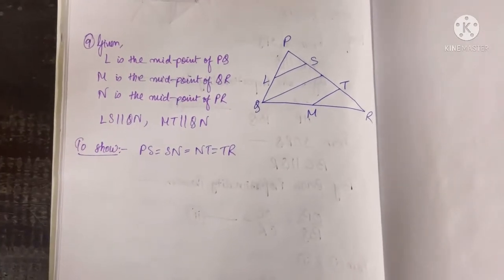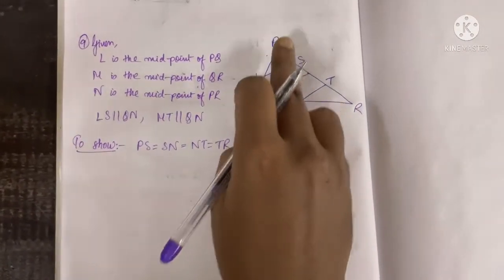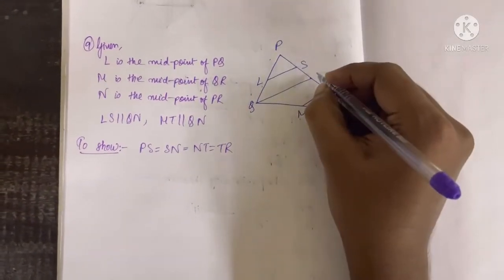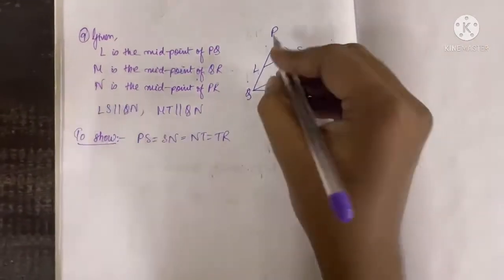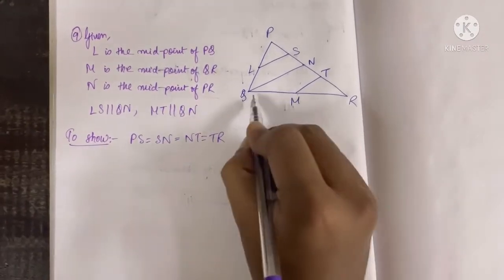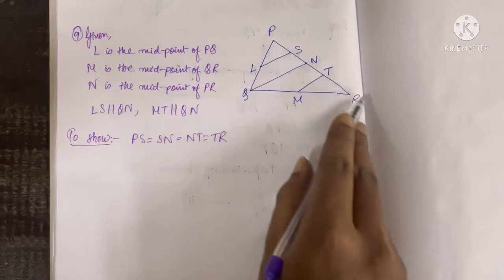Let's move into the last sum of the day, and here we have this diagram, and what you can see, PQR is a triangle and we have three lines, LS, QN and MT. So what is given here? L is the midpoint of PQ, M is the midpoint of QR and N is the midpoint of PR.